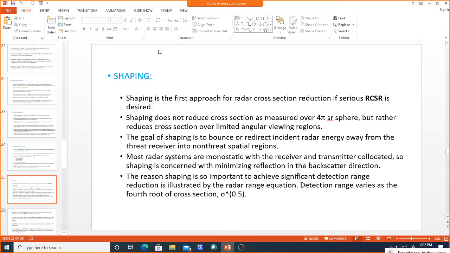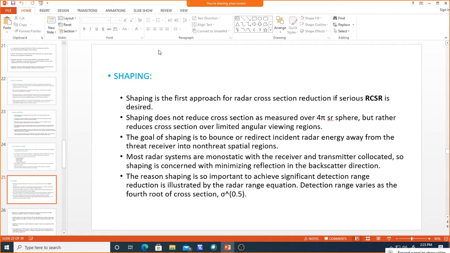So shaping does not reduce radar cross section as measured over 4 pi steradians. That means if the target itself is in the form of a sphere, then whatever shape you put on top of the target, it will be in the uniform direction.